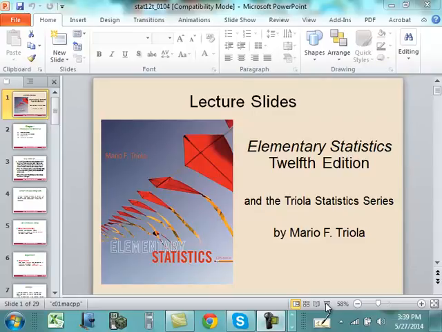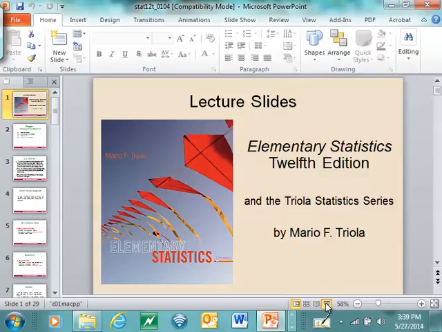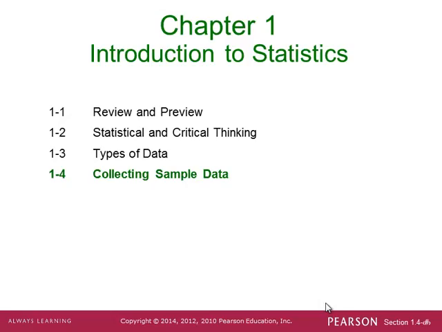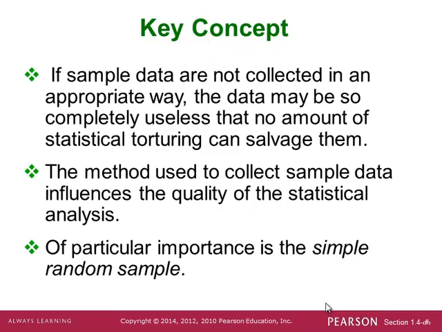Now we're going to talk about the material in section 1.4 of the textbook. And we're talking about how to go about getting a good sample, now that we know that a sample is a subset of the population. Now, our goal is to get more than one member of the population.